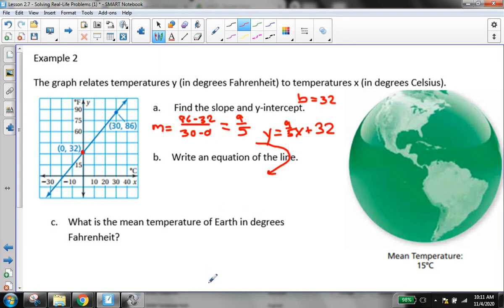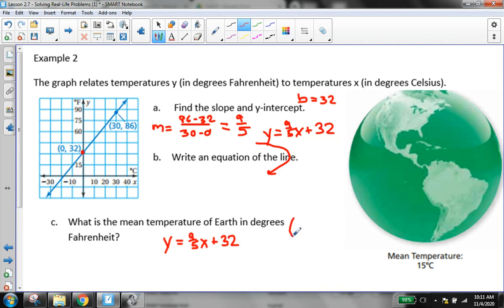For part C, it says, what's the mean temperature of the Earth in degrees Fahrenheit? Well, if I label my axes, which it's already labeled for us, the y is in terms of degrees Fahrenheit and the x is in terms of degrees Celsius. So I know in my problem the equation is y equals 9/5 x plus 32.